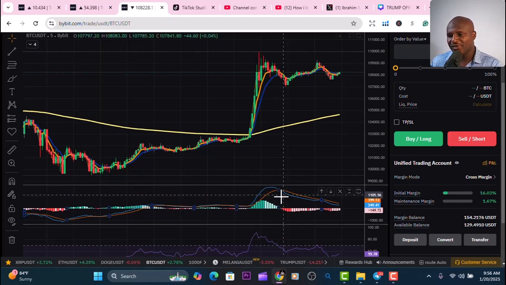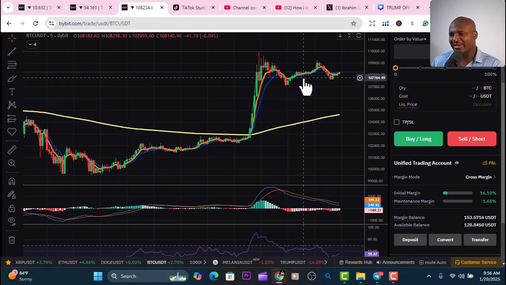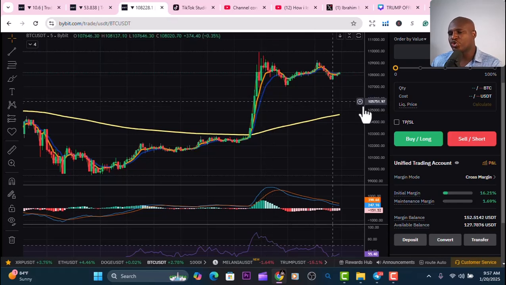Over here too, the blue line crossed over the signal line, and the price started dropping. Even though the drop is not that strong, it could give you an indication that it's going to drop.